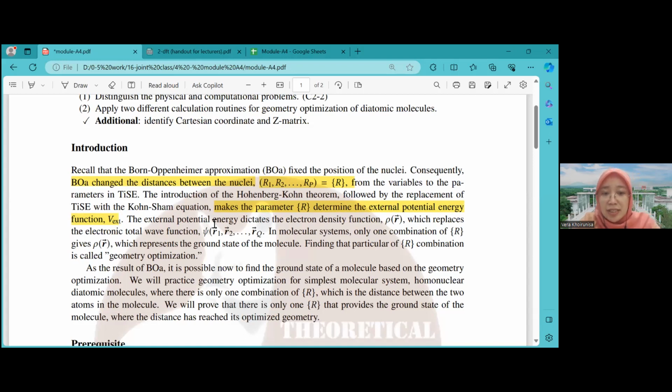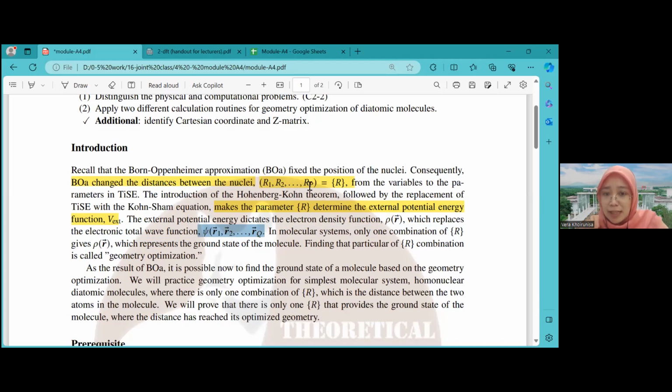And then the external energy dictates the electron density function, or ρ(r), which replaces the electronic total wave function. So we no longer use Ψ, the function of r1, r2 until rq, where q is the number of electrons.